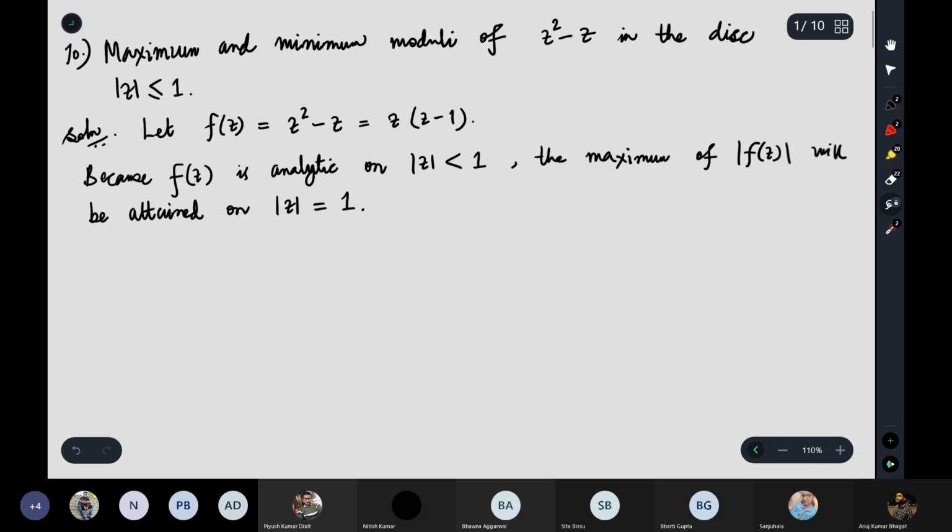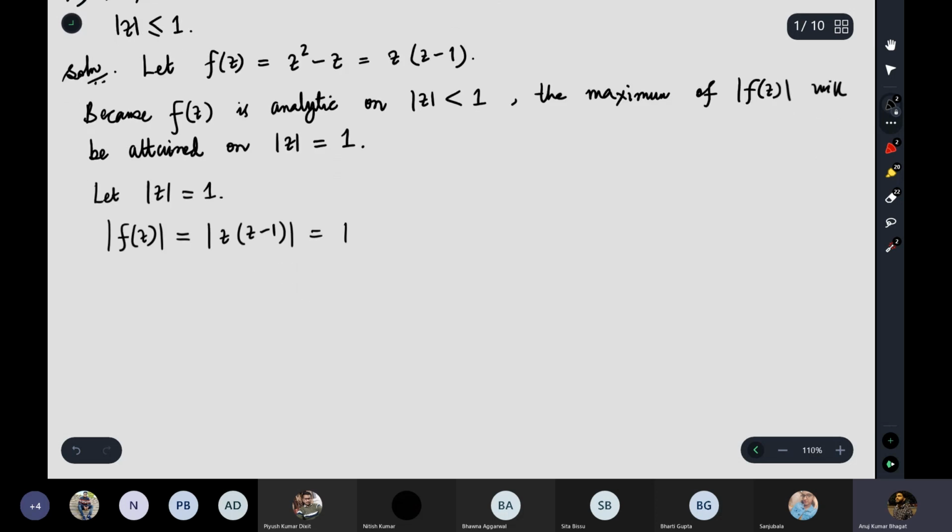Right. So how to find the maximum then? Let mod z equal 1. Let's determine modulus of f(z), which is modulus of z into (z minus 1). Applying the properties of modulus, this is mod z times mod (z minus 1).